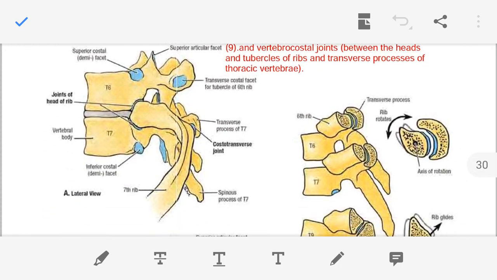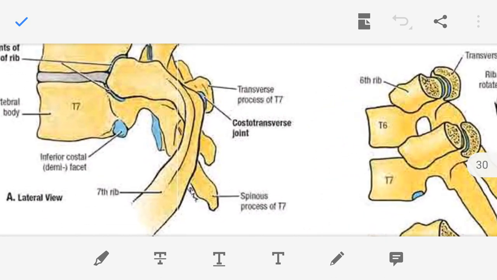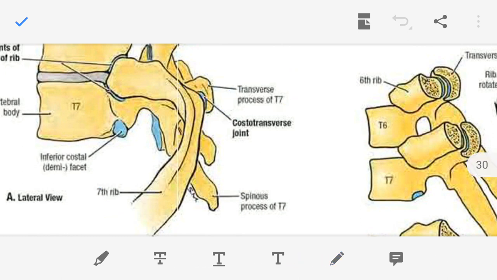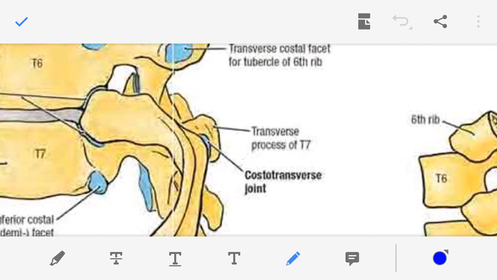One more joint is here. This is the seventh rib. This is the tubercle of the rib, and the transverse process has a facet. So this tubercle fits into the facet of the transverse process.